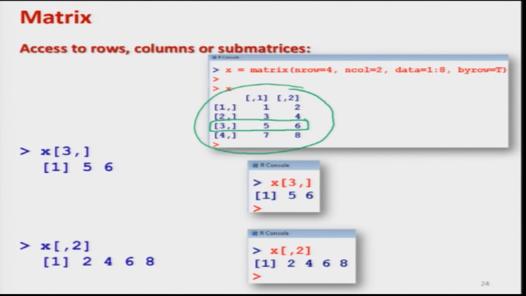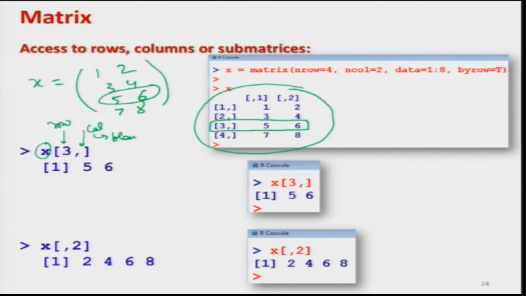So, my matrix has been given by the name X, 1, 2, 3, 4, 5, 6, 7, 8, and I want to call the third row. In that case, I simply have to write down the name of the matrix, and then write down the address. You can see this is the address of the row, and this is the address of the column, which is actually blank.